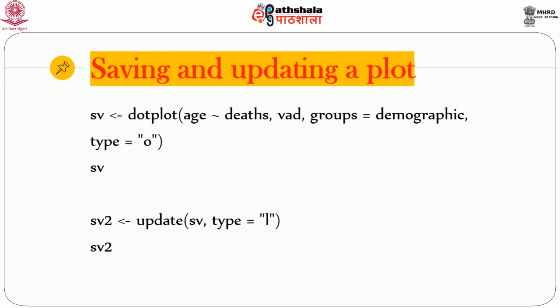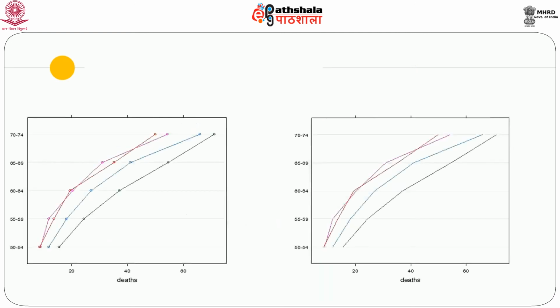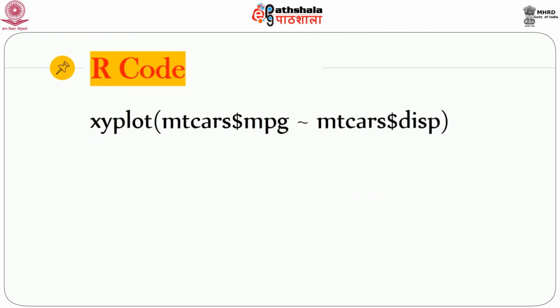Also we can change the details of the R object that we have specified at the time of saving. Like here, the first plot contains lines as well as points, but later on we want a plot that contains only lines, no points, because the points would make it more clumsy. So here are the two plots.